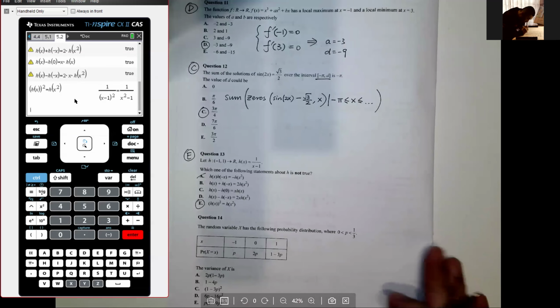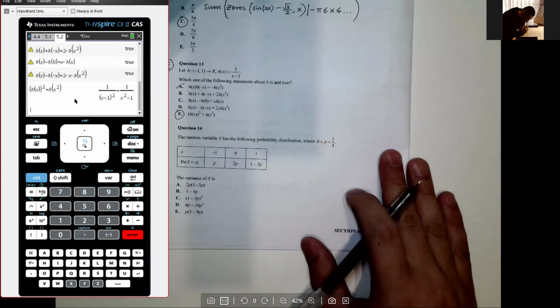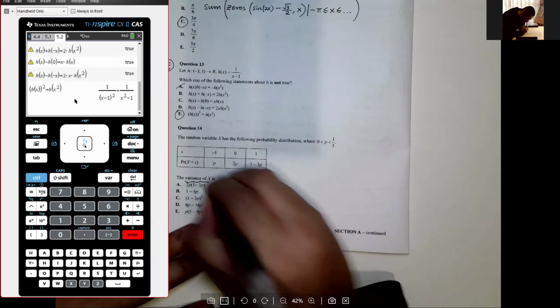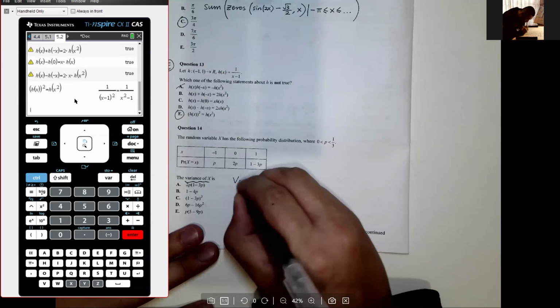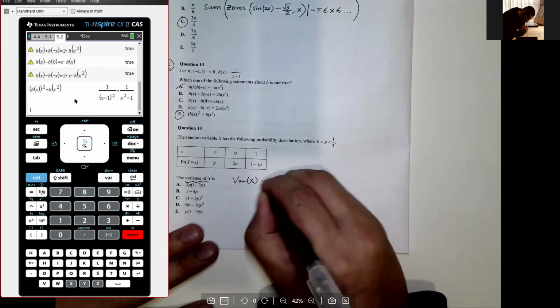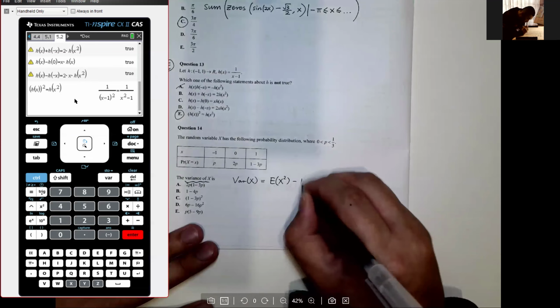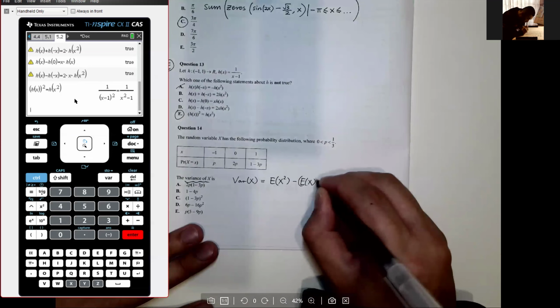Okay, question 14. I'm going to just write down a few things. The variance of X from this distribution comes from Var(X) = E(X²) - (E(X))².